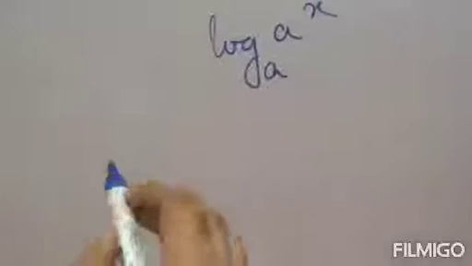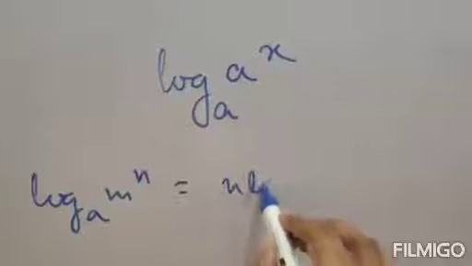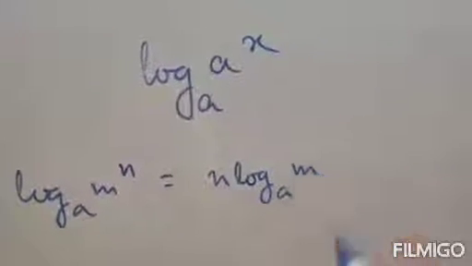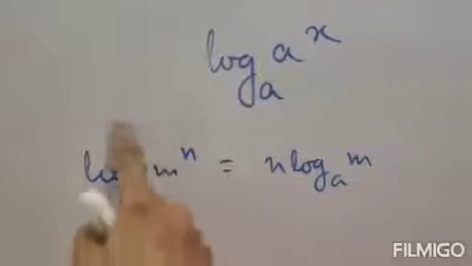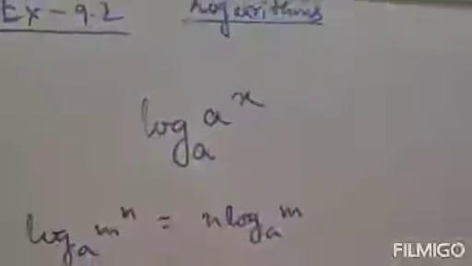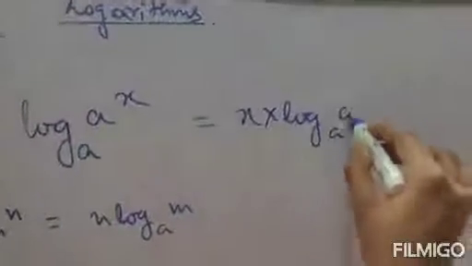What is the power law? The power law is that log base a m to the power n equals n log a m. If the power comes first, it multiplies with the log term. So here also x comes first and multiplies with the log term, that is x into log a base a.